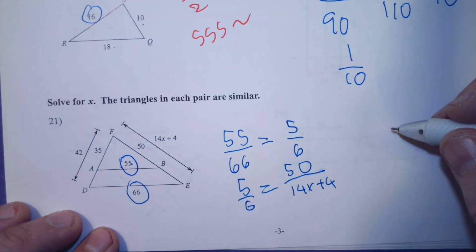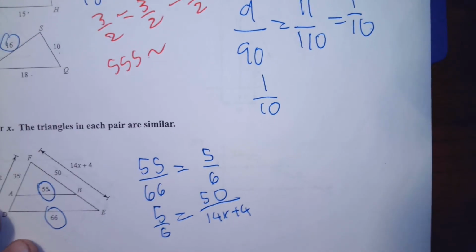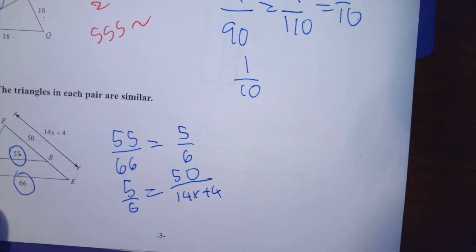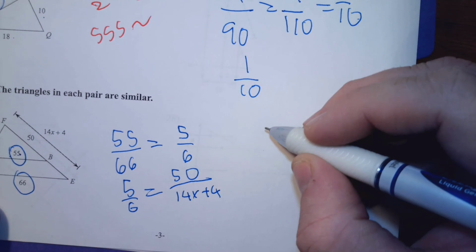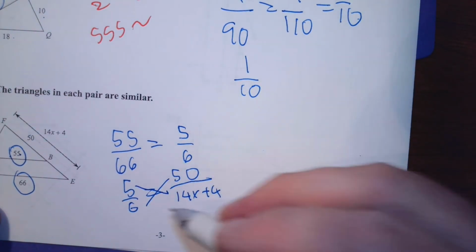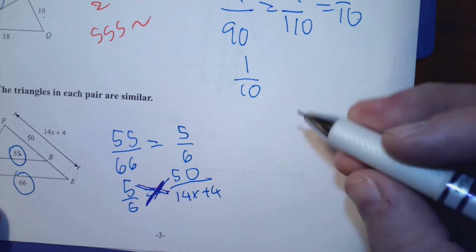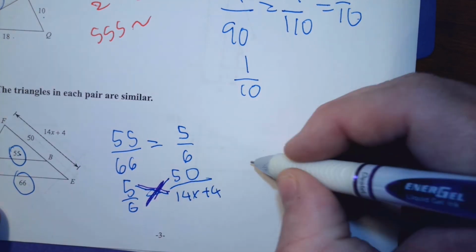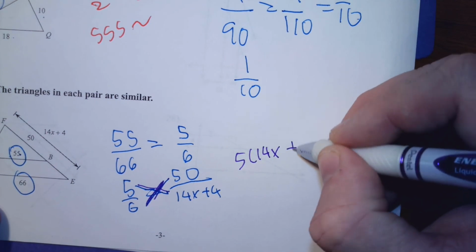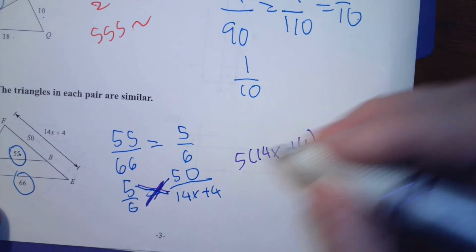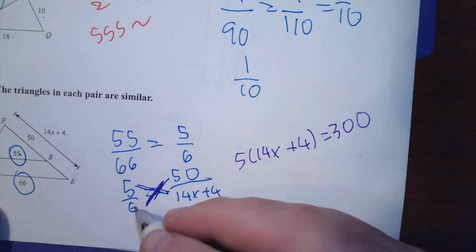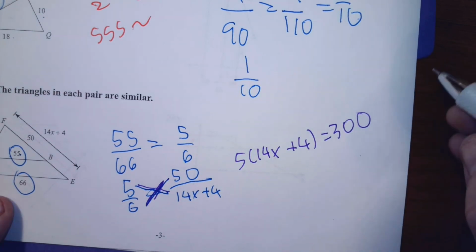So now we're going to cross multiply. 5 times 14x plus 4 is 70x plus 20, and 6 times 50 is 300.